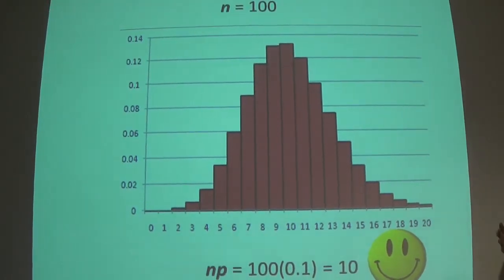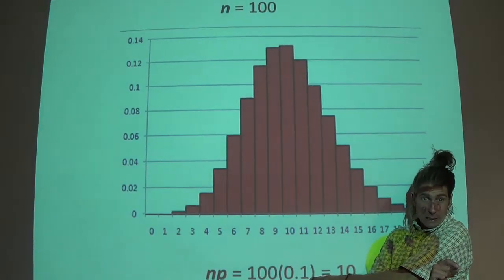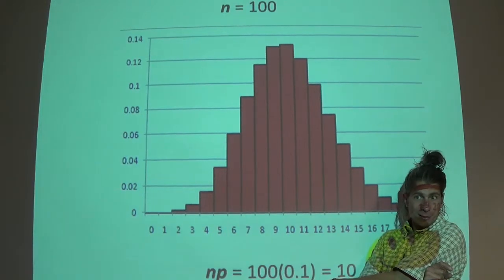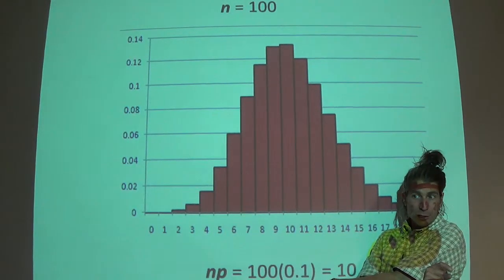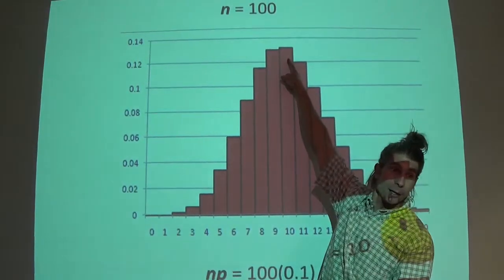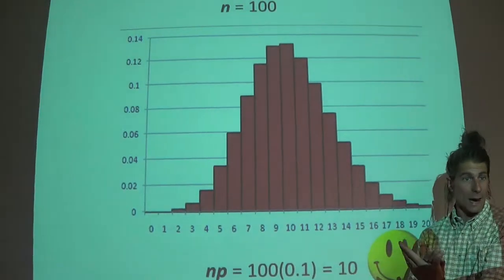How much of the data is over there? What do you think? How much of the data is actually over there? Percentage-wise? Very little. Give me a percentage. 2%. Yeah, 2% or less, exactly. And think about why. If the proportion is actually 10%, and you sample 100, what's your average? 10. Look at the bar. It's the tallest bar. And it has to be, because 100 sampled at 10% gives you 10 on average.